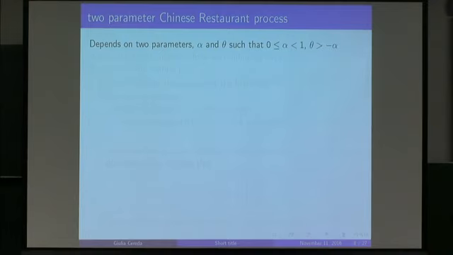And actually, what it does is describe the sitting plan of customers entering a restaurant with an infinite number of tables, each one infinitely large. I guess this is the reason why they call it the Chinese restaurant process. I cannot see any other reason why.